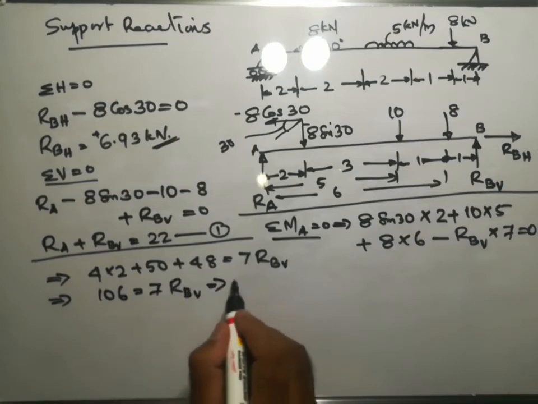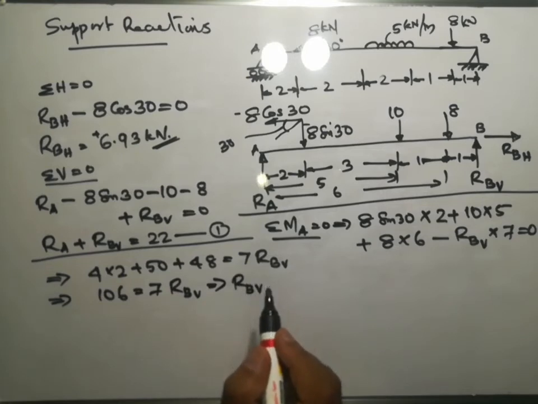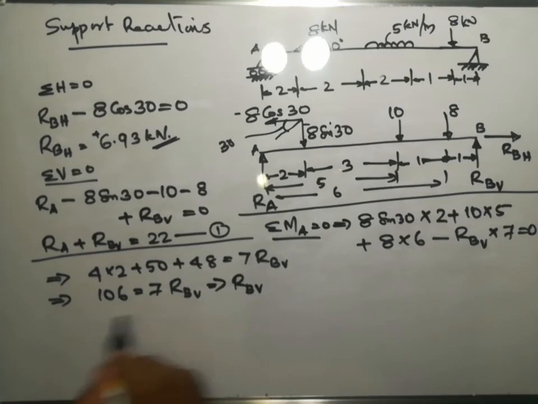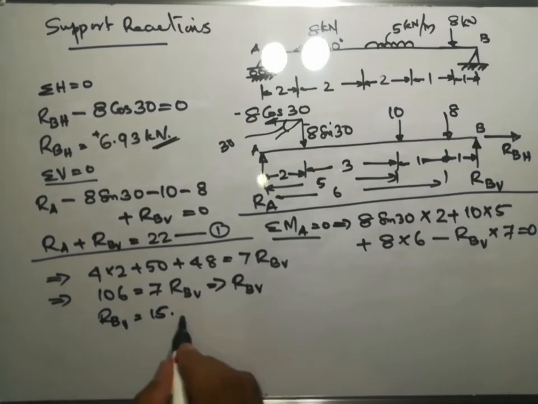From this you will get RBV equal to 106 divided by 7, equal to 15.14. So RBV equals 15.14 kilonewton in the upward direction.